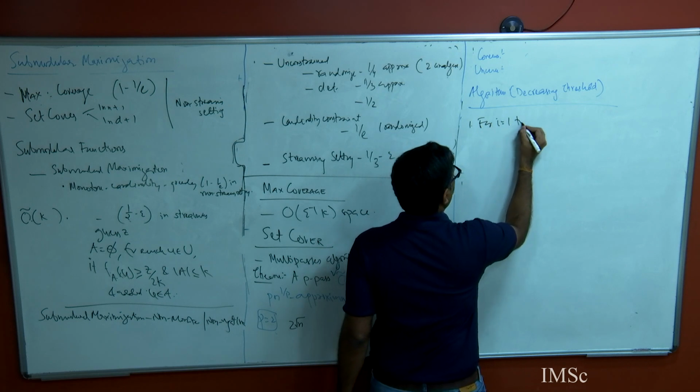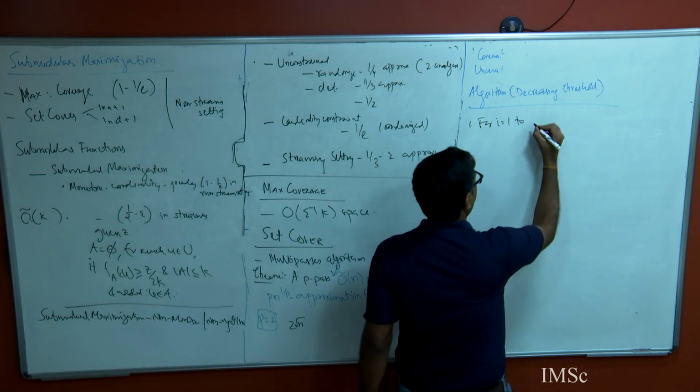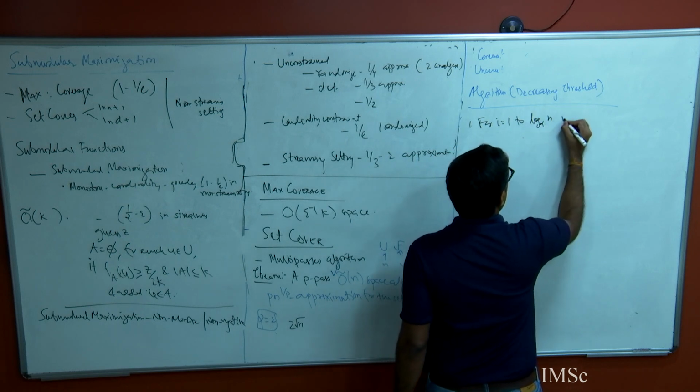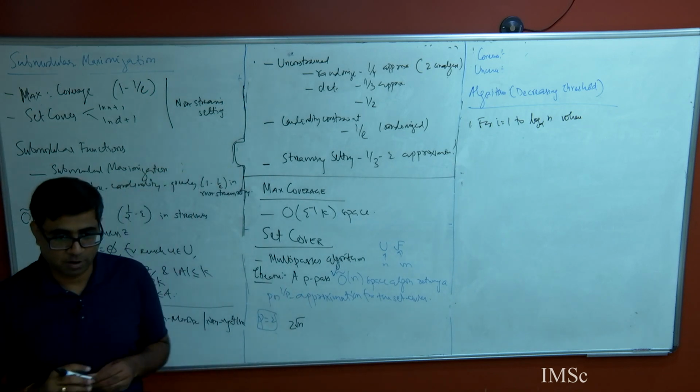For i equal to 1 to log base alpha of n, where alpha is something fixed, alpha is n to the power 1/p.